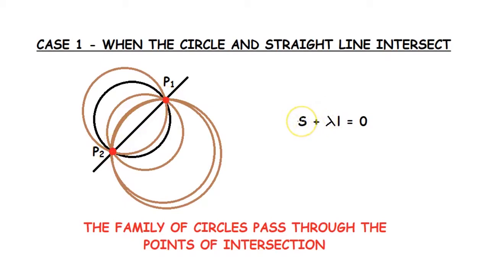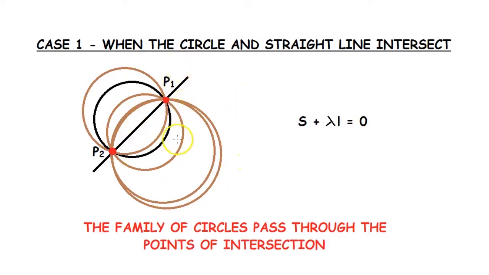Using the equation S plus lambda L equals 0, we can obtain the family of circles. Here, the brown circles represent the family of circles. All these circles will have one common characteristic. They will all pass through the points P1 and P2.